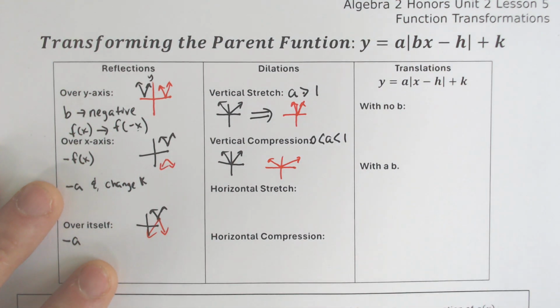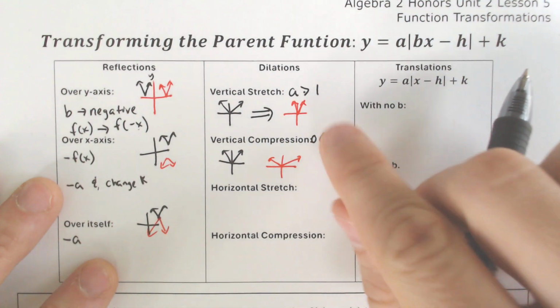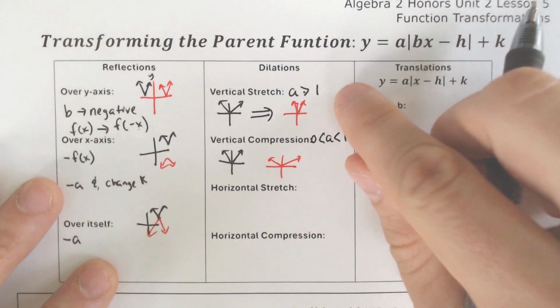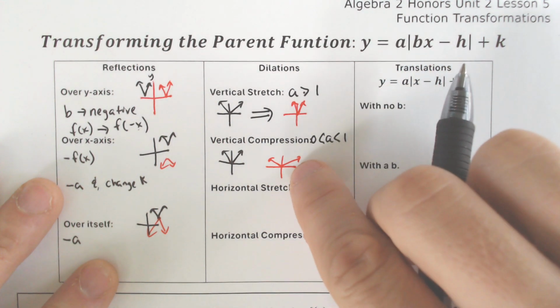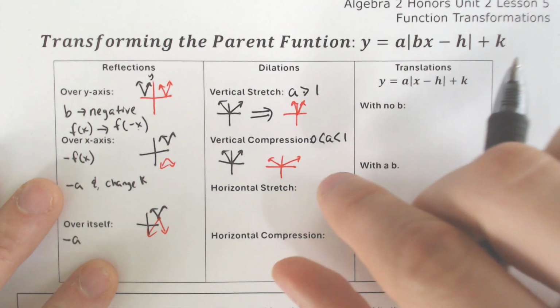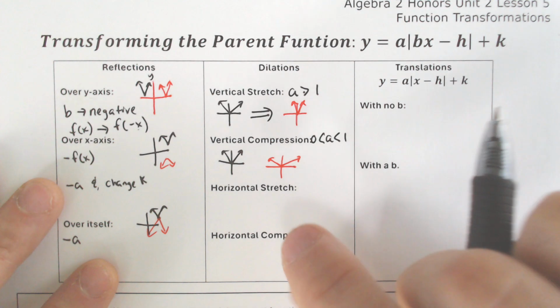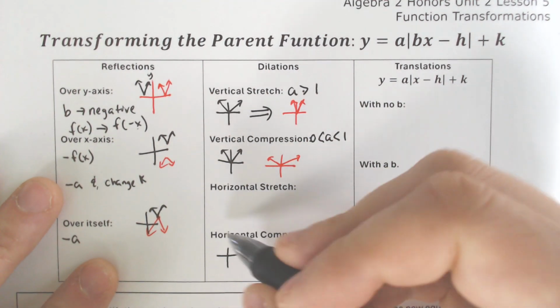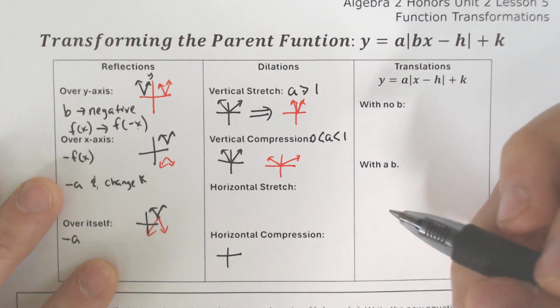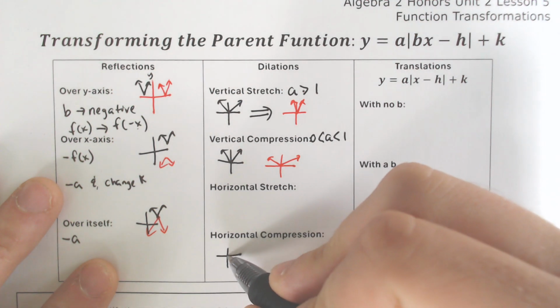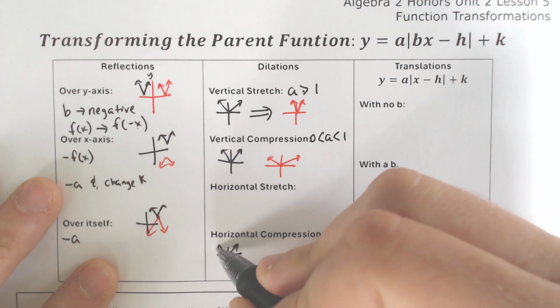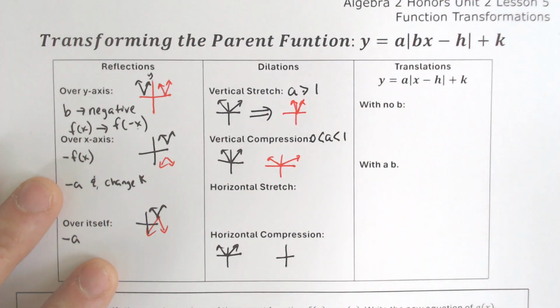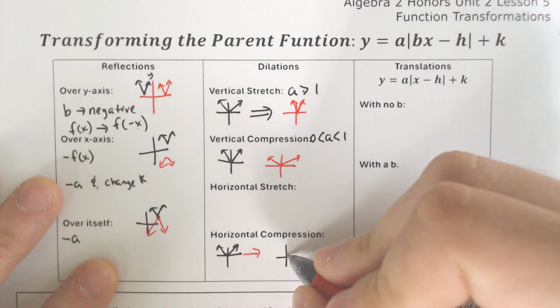Technically speaking, visually, a vertical stretch and a vertical compression look the same as a horizontal compression and a horizontal stretch, but they'd be the opposite. For example, a horizontal compression would be as if you were to take your original and make it more narrow.